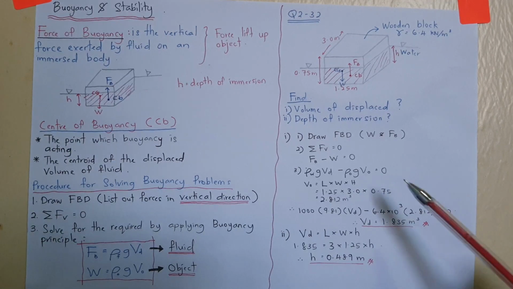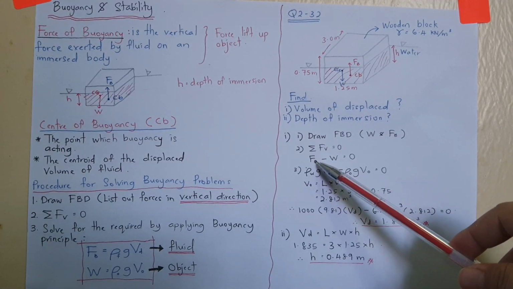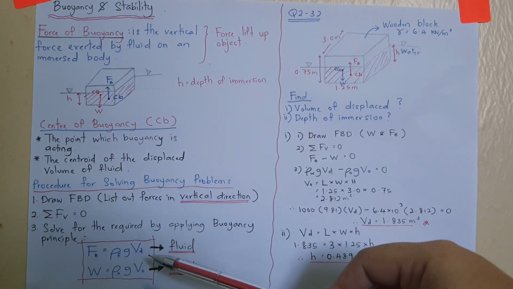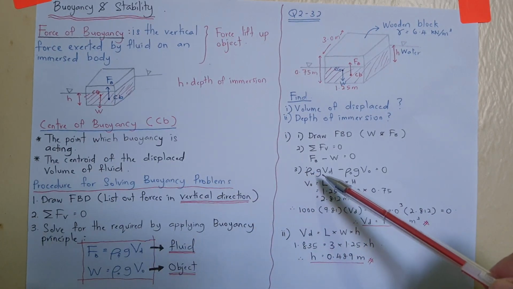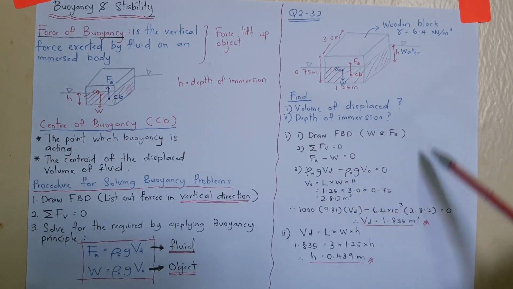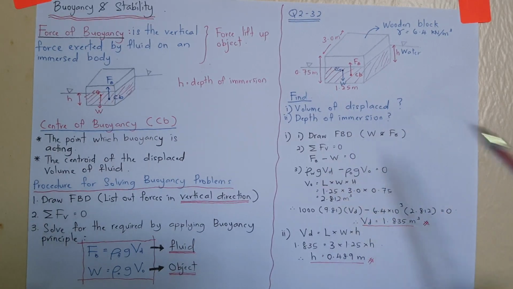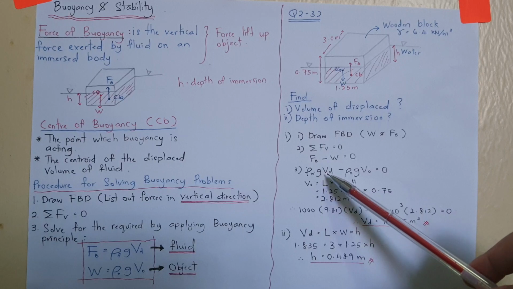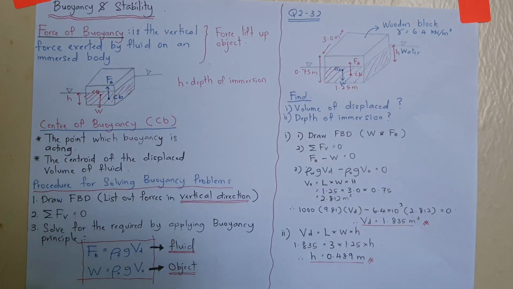Now substitute: FB equal to rho fluid g volume displaced. Either you calculate FB on the side first, calculate W, and then plug into the equation, it doesn't matter, or you put the formulas directly inside the equation, also okay.